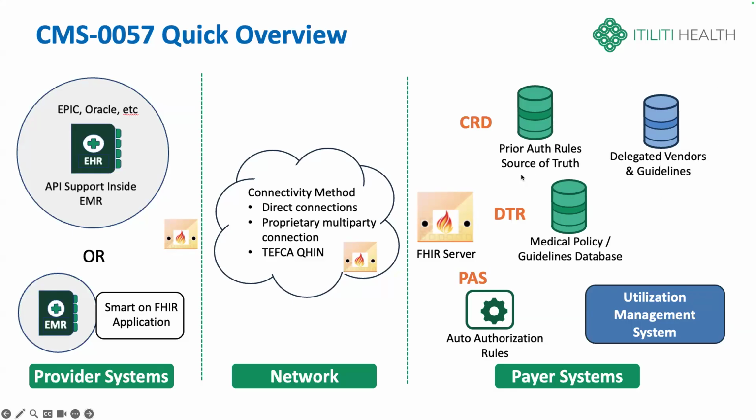That source of truth or that routing configuration can be in Itiliti's PA Checkpoint product, or it could be configured in a FHIR server or any other place in the network. However, again, the payer needs an easy, user-supportable mechanism that allows them to create and manage that source of truth or those routing rules.